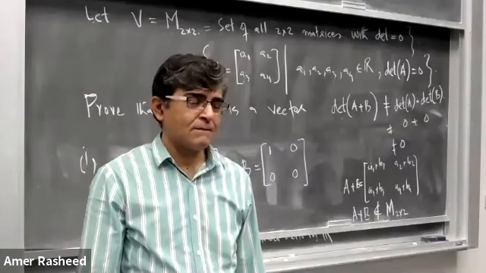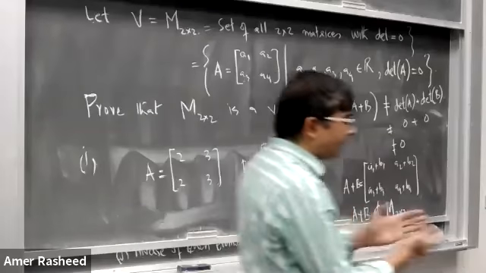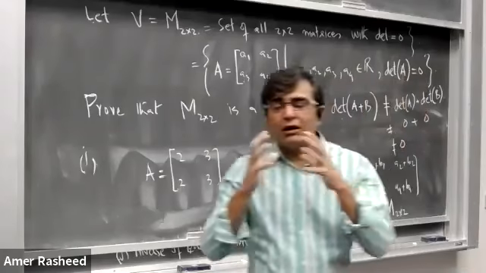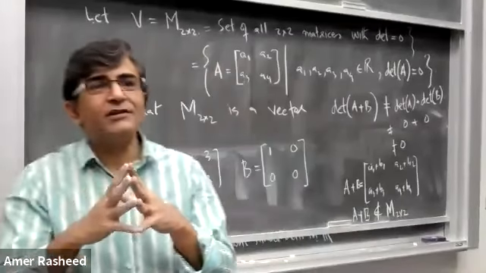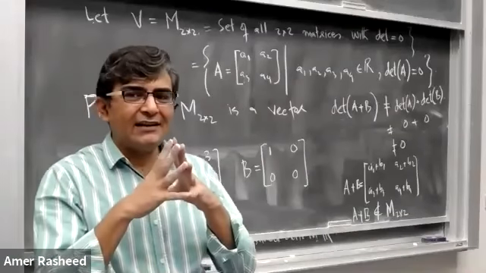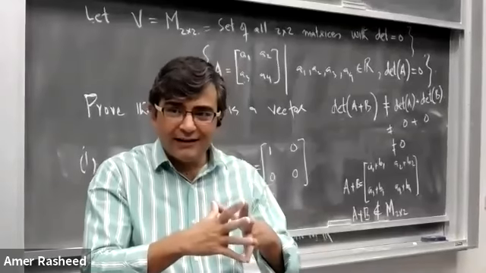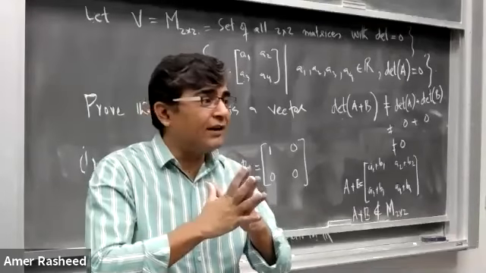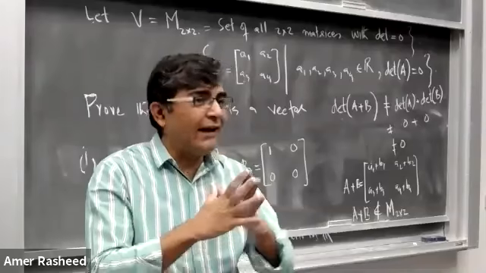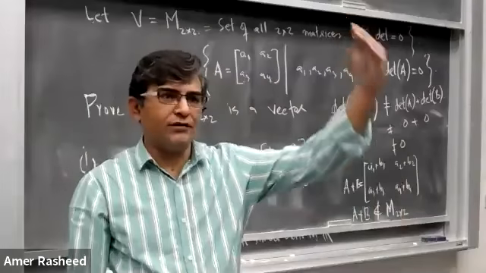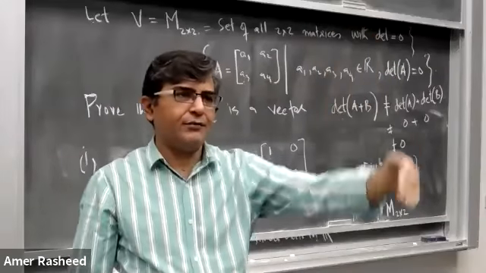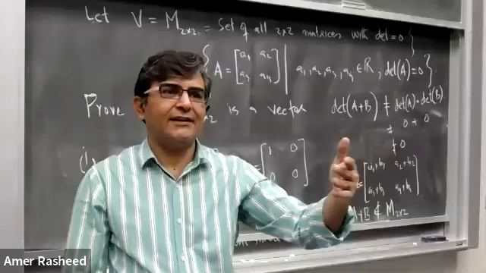Okay, sir. Now, in order to prove any set is a vector space, you have to look at the nature of the elements of that set and the conditions on elements of that set. You have to prove all those conditions. Then you have to look at the laws and certain properties in order to prove that the set is a vector space.